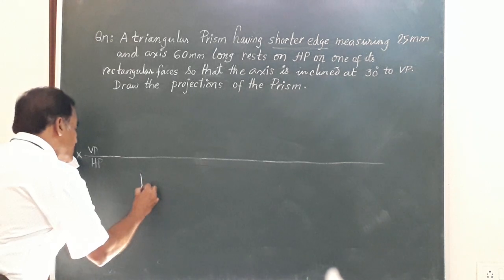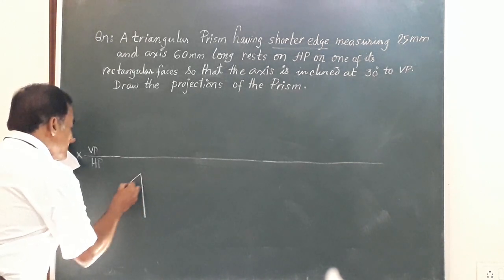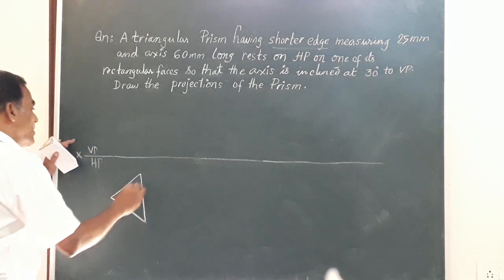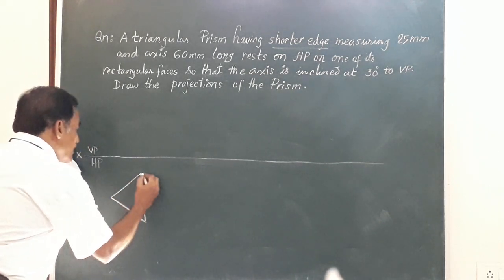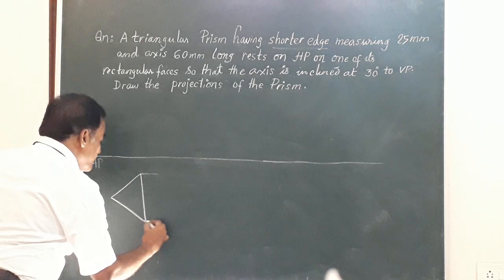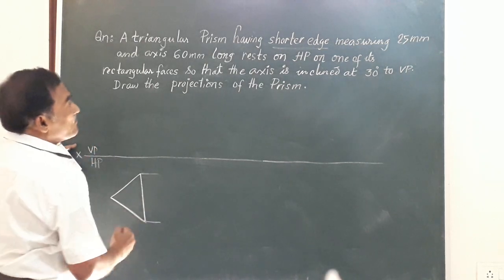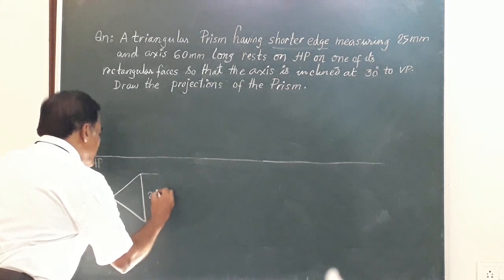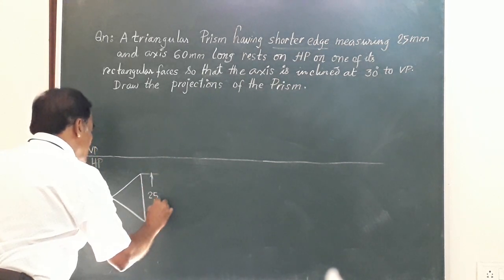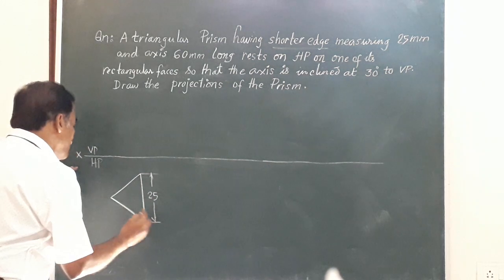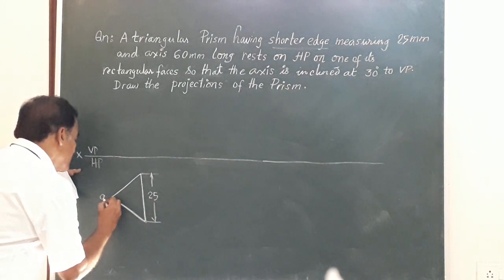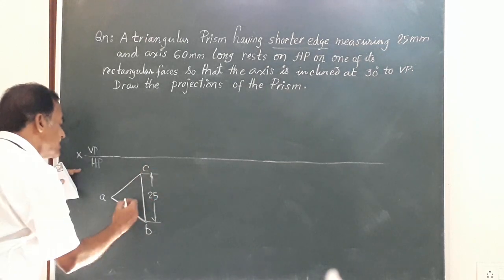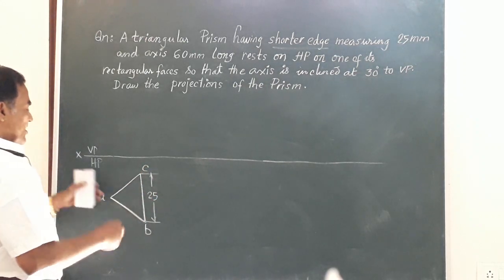The object has to rest on one of the rectangular faces on HP. So I just mark this triangle having side of 25 mm. Each shorter edge measures 25 mm. So I just mark this as ABC. This ABC is the top view of the solid.